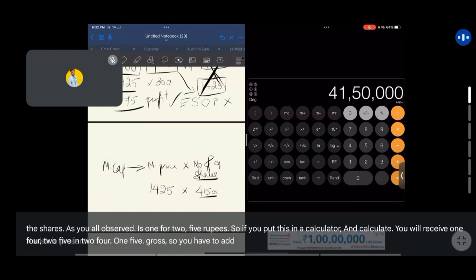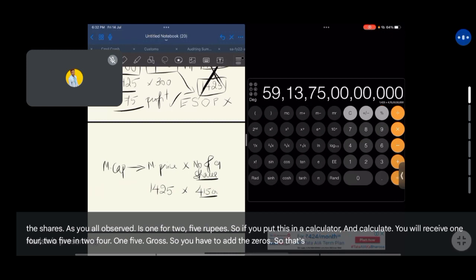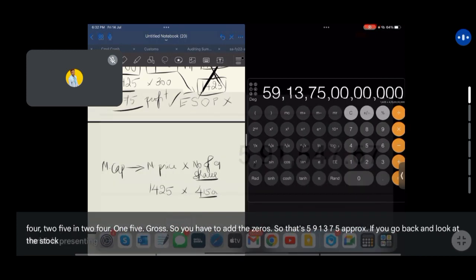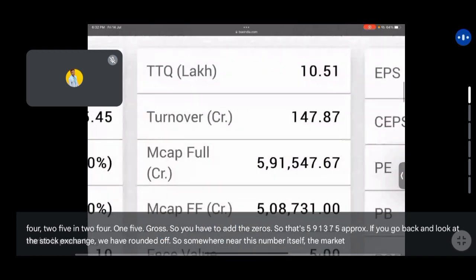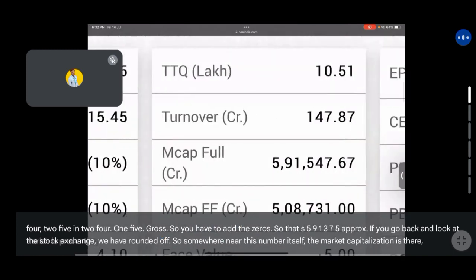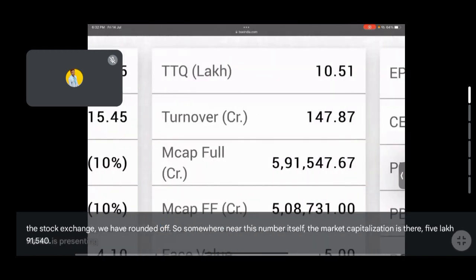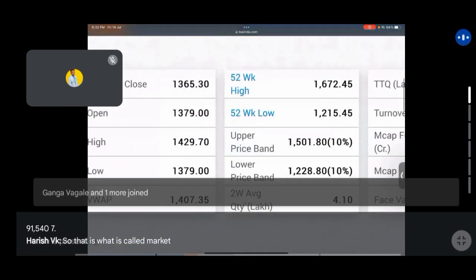You have to add the zeros. So that's 591375 approx. If you go back and look at the stock exchange, we have rounded off. Somewhere near this number itself, the market capitalization is 5,91,547. So that is what is called market capitalization.